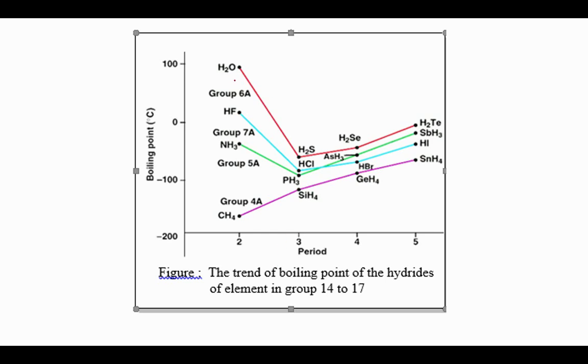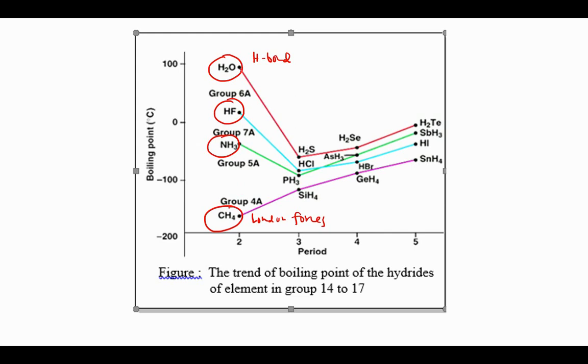As we can see here, H2O, HF, and NH3 have slightly higher boiling point due to the formation of hydrogen bond. But CH4 has the lowest boiling point because it only has weak London forces.